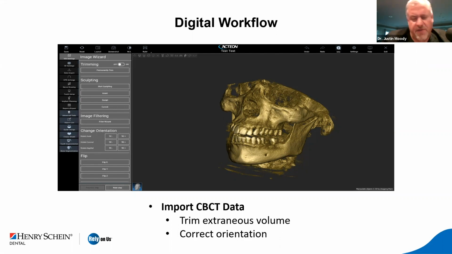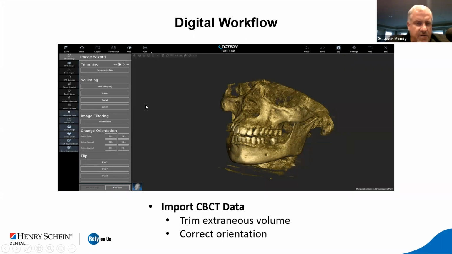Just one of the downsides of the 3Shape is that there's a pretty decent fee for that software. And with that, I think that Action is one of the very few ConeBeam CT software manufacturers that actually will allow you to create a surgical guide within the software and have it spit out an STL file that will work with our 3D printers.